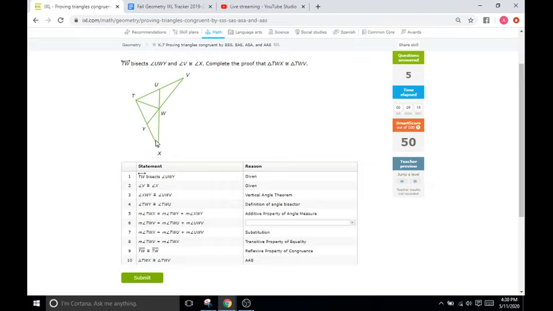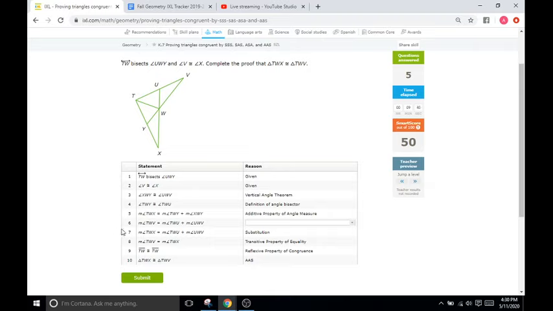Complete the proof. So we go down, and they already gave us that it's going to be proven with AAS, so we're just going to jump to the statement here, the step, and see what we're going with. It looks like between step 5 and step 6, both are saying that the measure for angle TWX, oops, that's not true.